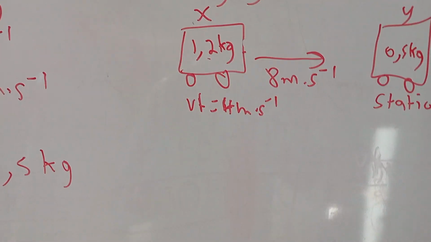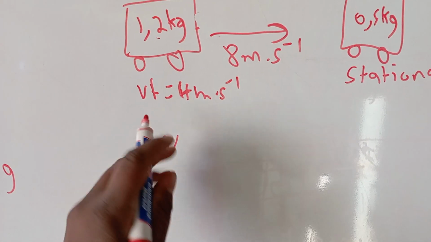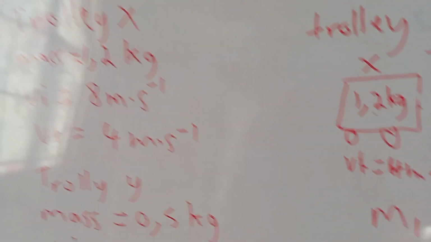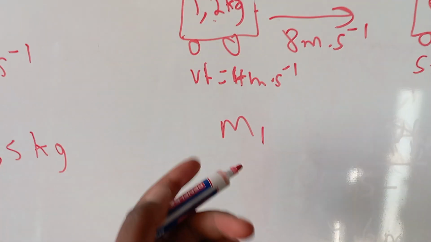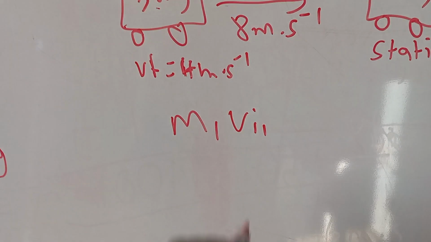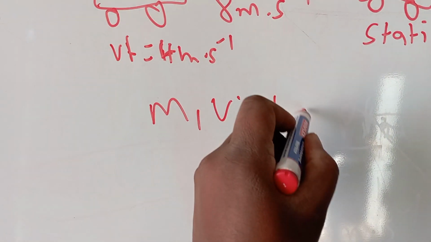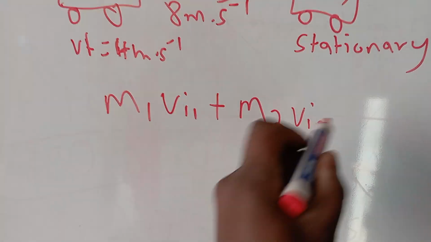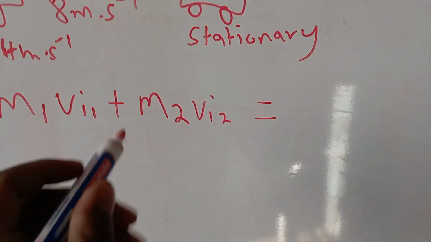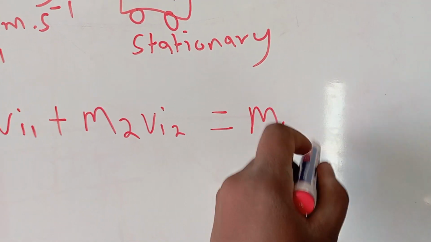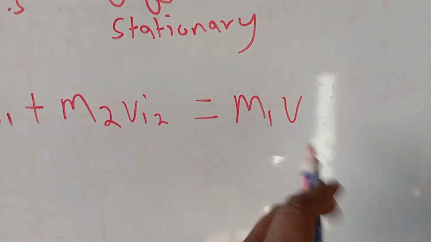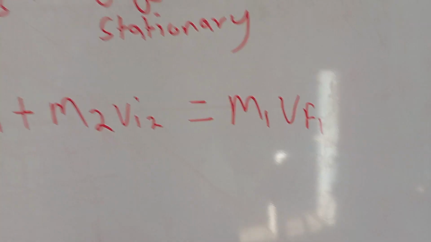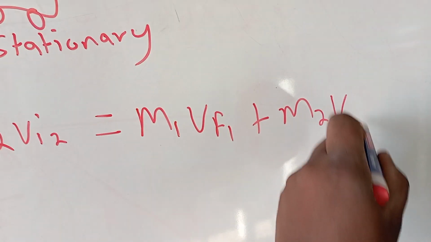For collision, we'll say M1, the mass of the first trolley, which is trolley X, M1 VI1, plus M2, the mass of the second trolley, VI2, which is the initial velocity of the second trolley, equals M1 VF1 plus M2 VF2.